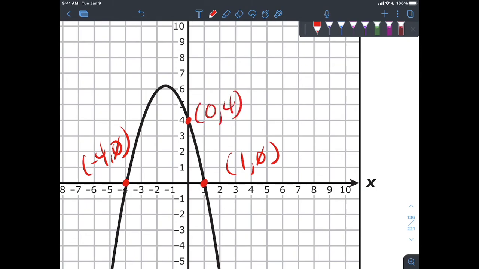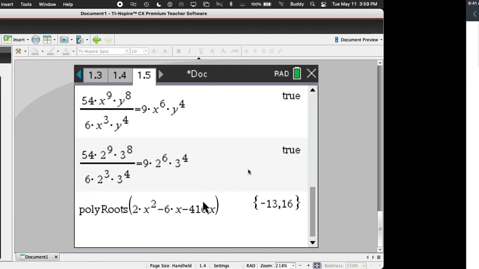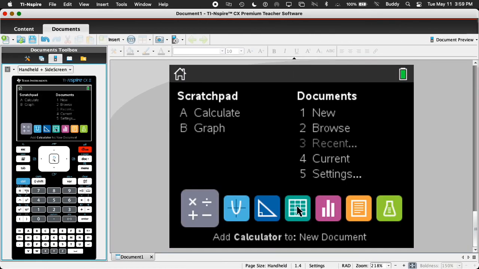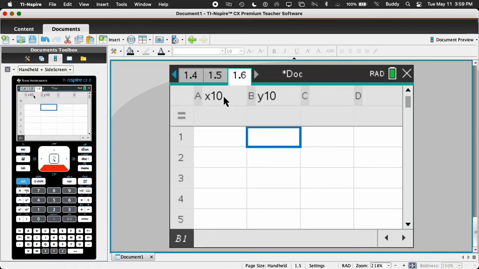I have 3 points. I need at least 3 to run a quadratic regression. And go ahead and head over here. I'm going to open up a new spreadsheet. These will be my x's for number 10, my y's for number 10.